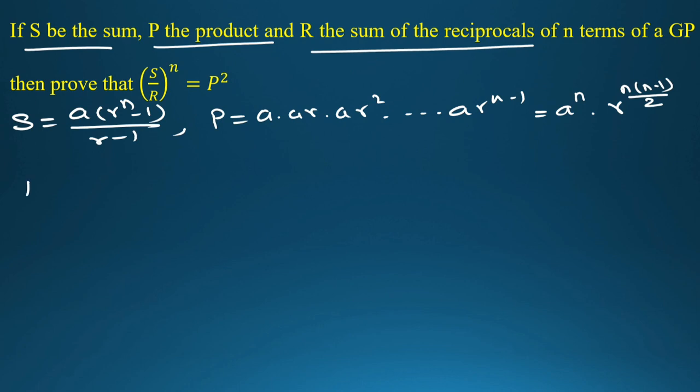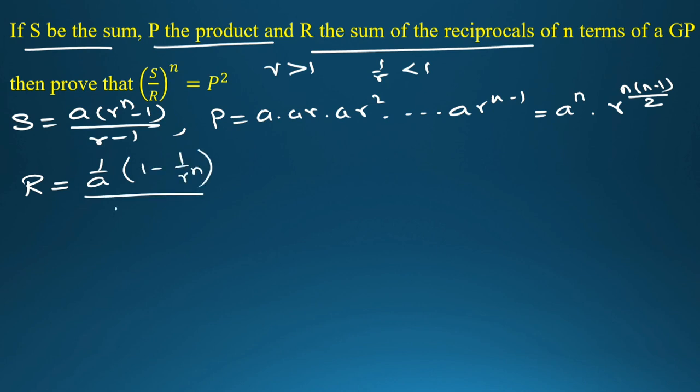Okay. And R is the sum of reciprocals. Now here you need to understand one thing, that if I have taken R greater than 1, then 1 upon R will be smaller than 1. Okay. So I will reverse the formula. So first term will be 1 upon A, then common ratio 1 upon R, divided by 1 minus 1 upon R, and take LCM and write in a little better form so that we can understand it better.